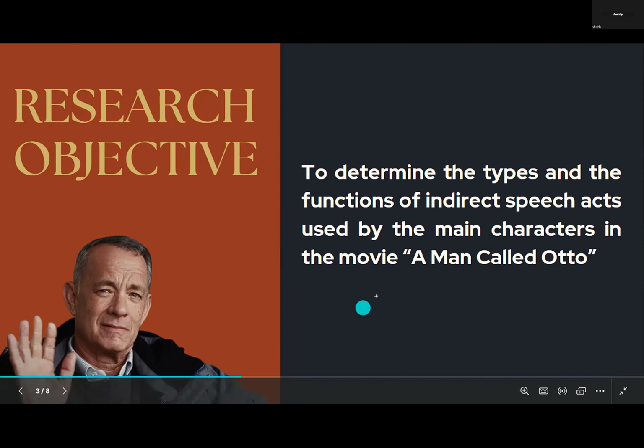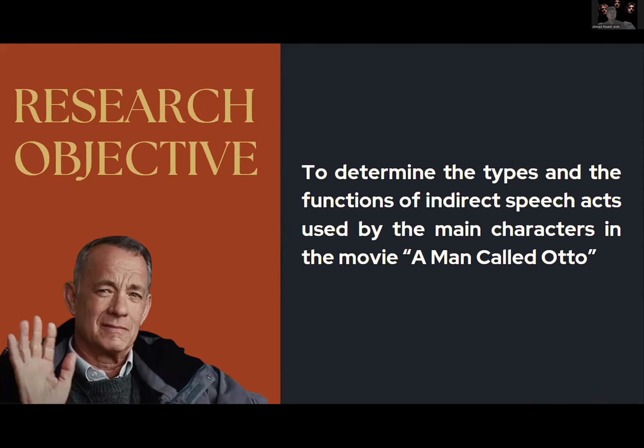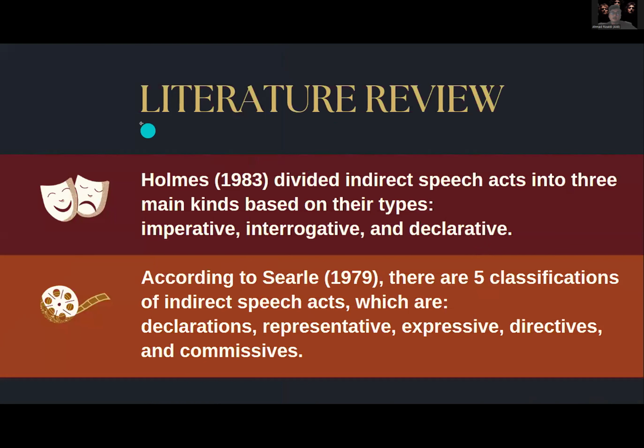Okay, thank you. So actually, the objective of the research is to define the indirect speech acts done by the main character, Otto. Why? Because we want to explore what kind of indirect speech acts are used by the character in the movie, among the three kinds I mentioned: imperative, interrogative, and declarative, and what functions are used by the main character, which are declaration, representative, expressive, directive, or even commissive.